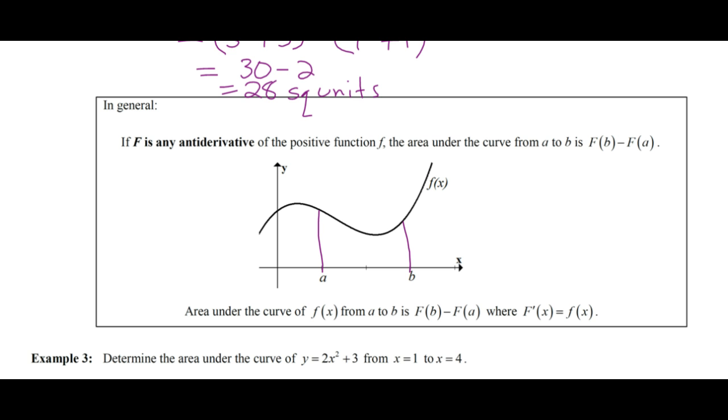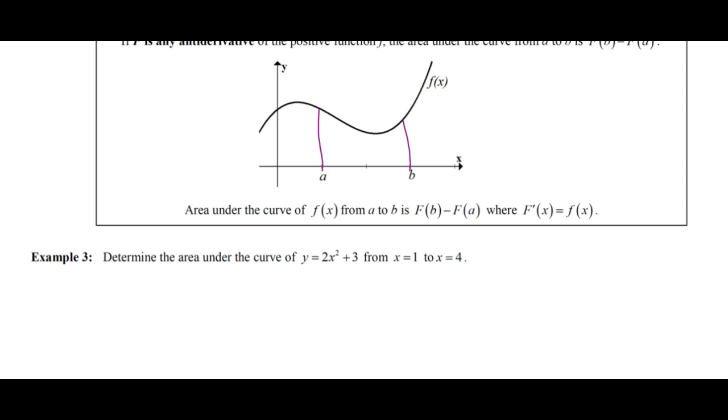And again, think of F as the function that gives you the area so far. The area from 0 to b is this, and from that we'll subtract the area from 0 to a. So the area under the curve is F of b minus F of a, where F prime of x is equal to f of x, where the derivative of the area is your original function.